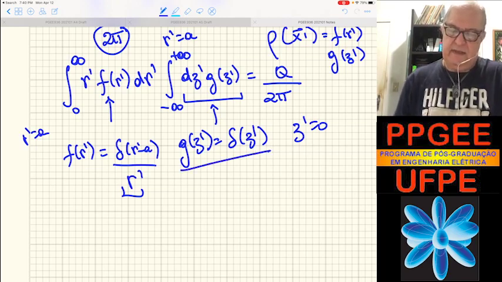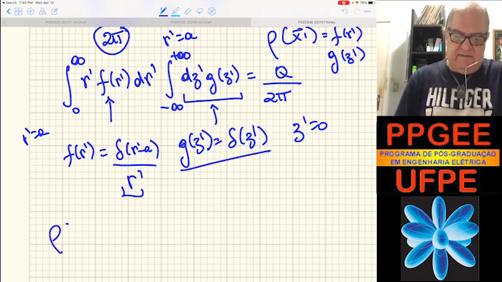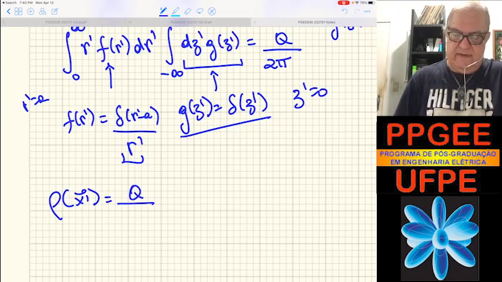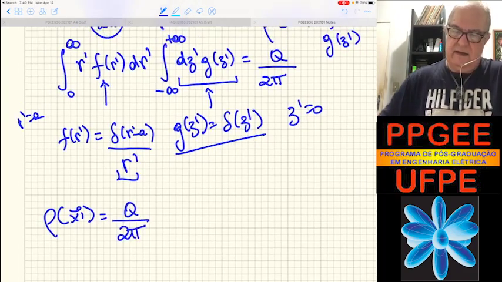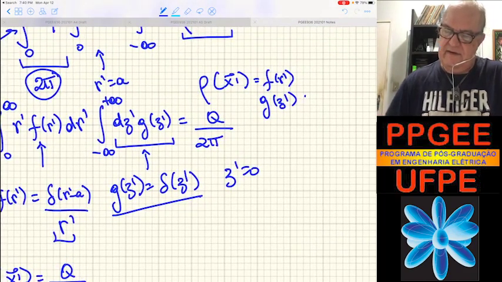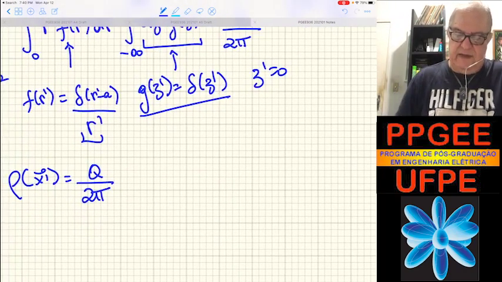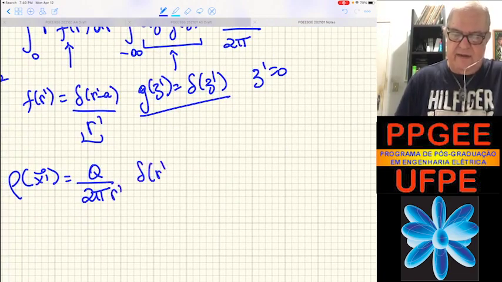That's g. So the density is given by Q divided by 2 pi. I forgot to put that here, right? So that's the density, f times g. So it's going to be Q over 2 pi r prime, delta of r prime minus a, delta of z prime.